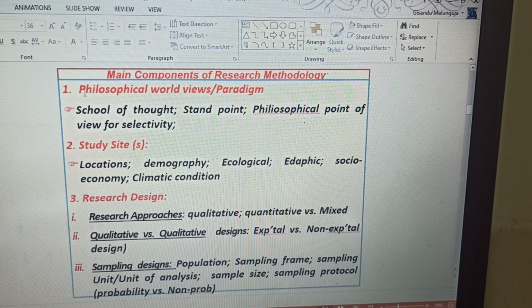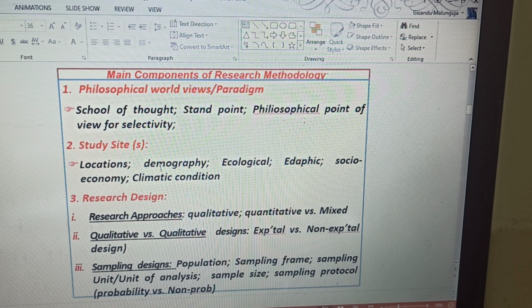For instance, when we speak of the philosophical worldview, a researcher is going to show his school of thought, the standpoint, the philosophical point of view for the selection of a particular study design. Under the study sites, the researcher is going to tell us the location of that particular area with the latitude, longitude, or any other forms by which they will display the location of the study.